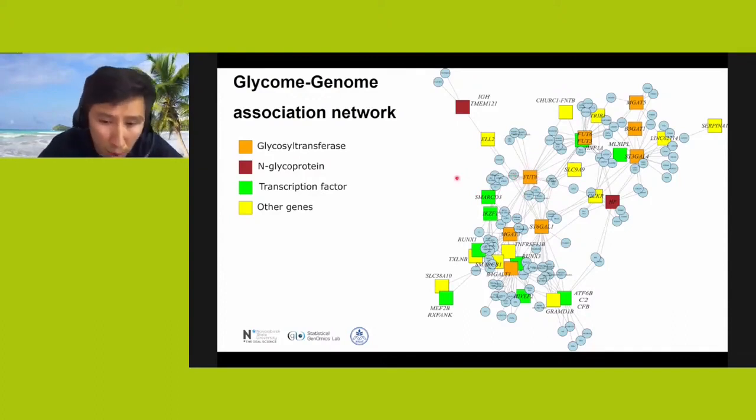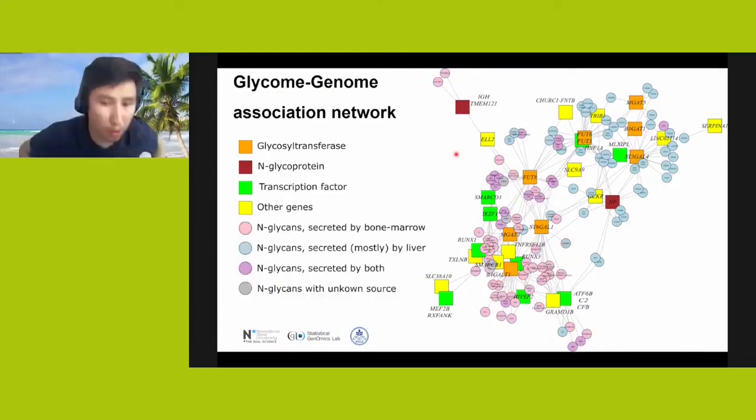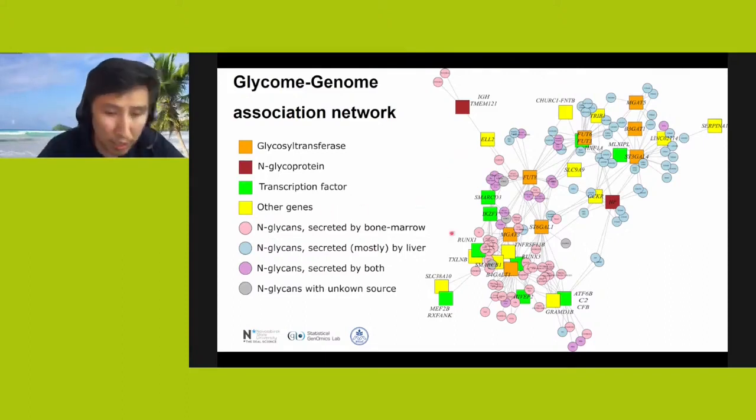Finally, we colored the N-glycan traits in several colors. Basically, how did we classify these N-glycans? We classified them into 4 baskets. The first basket is N-glycan traits that are linked to N-glycoproteins secreted by bone marrow, so mostly immunoglobulins.